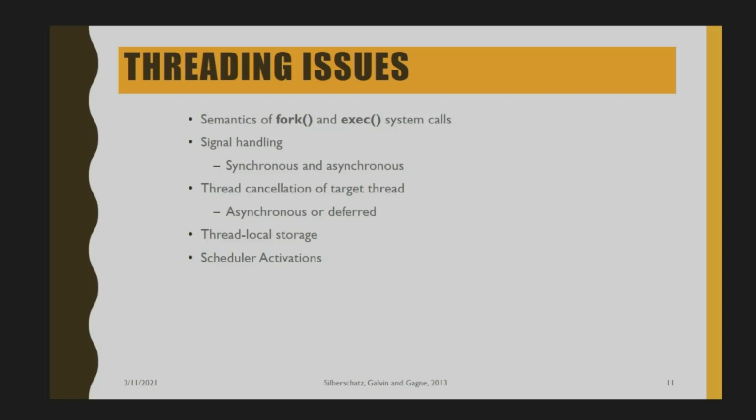So a thread that is to be cancelled is often referred to as a target thread. Cancellation of the target thread may occur in two different scenarios. The first scenario is asynchronous cancellation, and the second scenario is deferred cancellation.